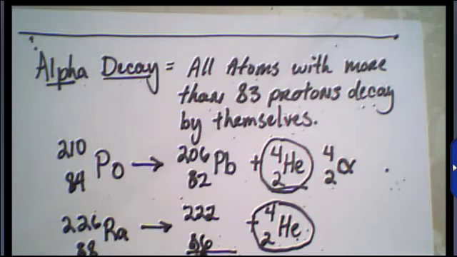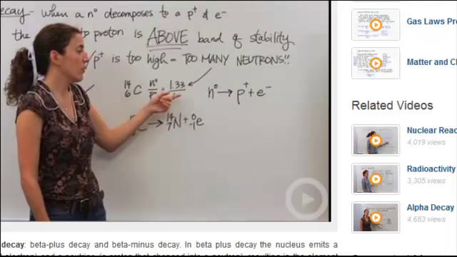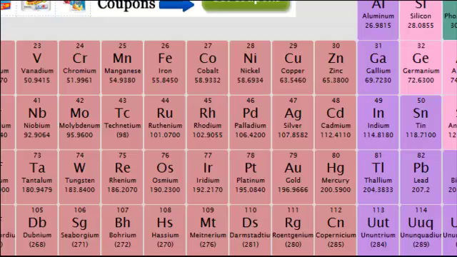Now I look on my periodic table for the atomic number 86. Let me click right here real quick. Yep, it's radon, which is Rn.